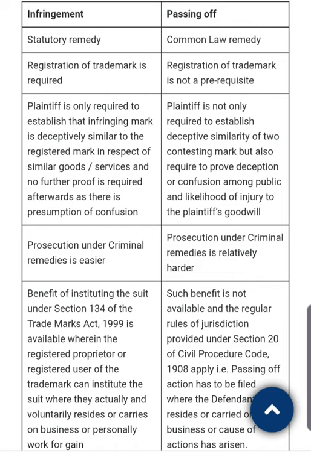That means since 1959 they were using this mark, whereas the defendant had started selling this product very recently, in 1988 only. That is why the trademark of Malik Chand, though it was unregistered, was given preference.